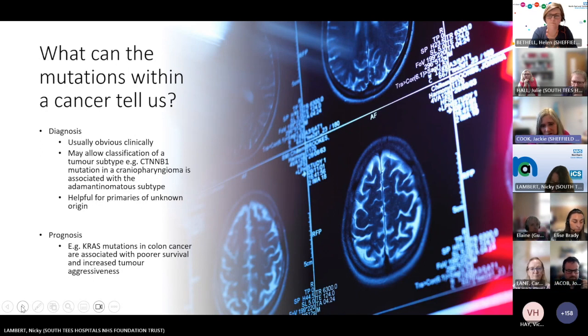And so I've given an example of a KRAS mutation in colon cancer. And when we see a KRAS mutation in colorectal cancer, we know that that is associated with a poorer survival and an increased tumour aggressiveness. So it can give us a bit more information about whether we're dealing with an aggressive cancer or a more or less aggressive cancer.